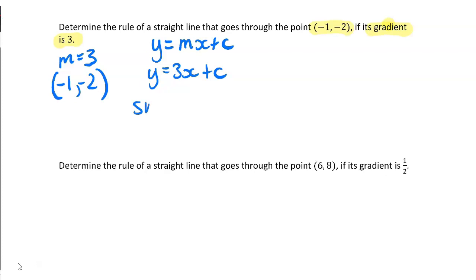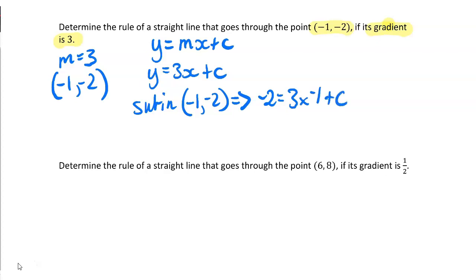Then I can sub in -1, -2, so -2 equals 3 times negative 1 plus c. So that's negative 2 equals negative 3 plus c.